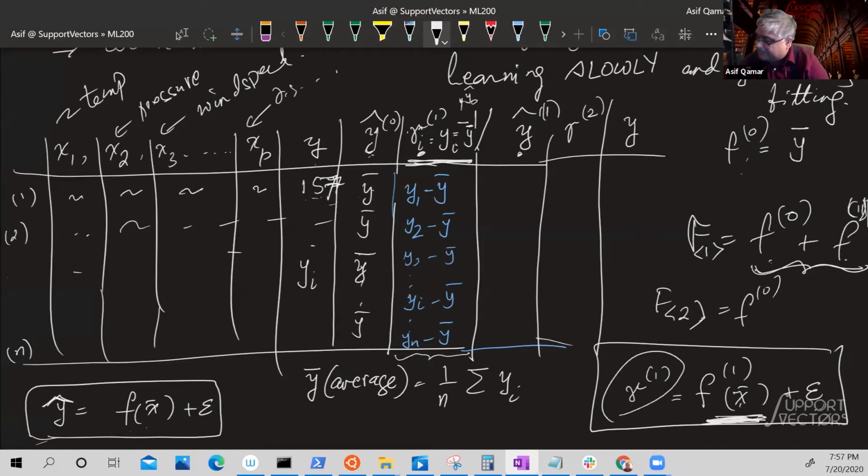So it would be F0 plus F1. By the way, this is not strictly correct. I'll add one extra bit of information to this, but this is the general idea. So you go to F2, and now you can keep going to FM.